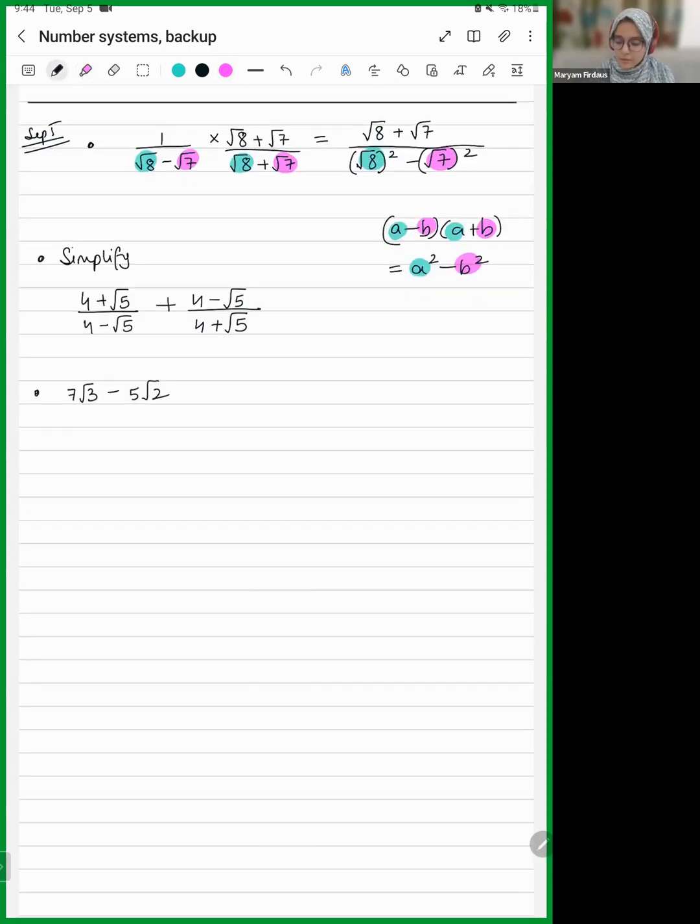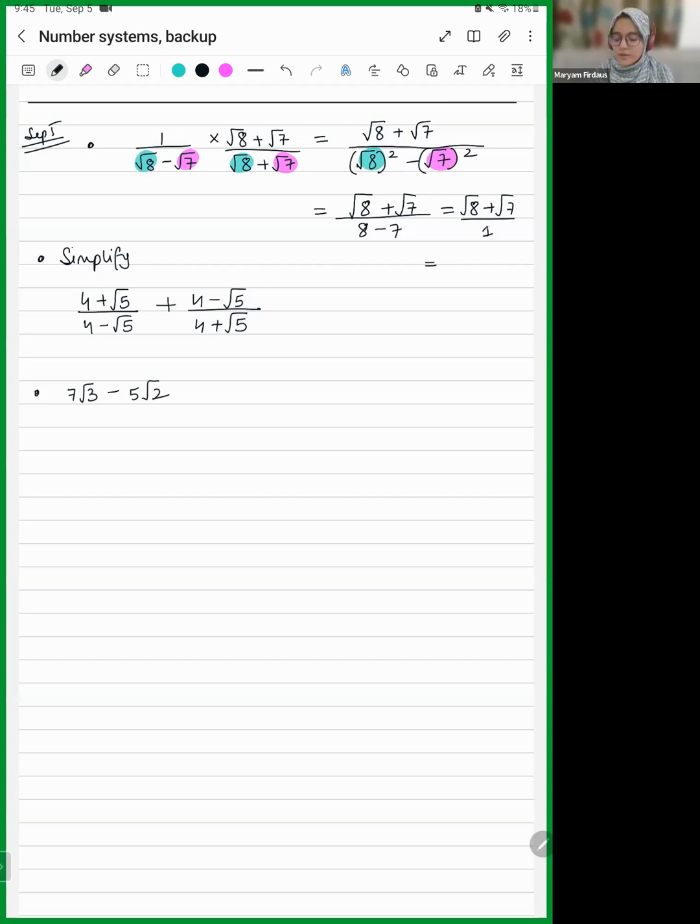Then what happens, Munir? Then it is equal to root 8 plus root 7 by 8 minus 7. And what is 8 minus 7? 8 minus 7 is 1. So what is the final answer? 1.